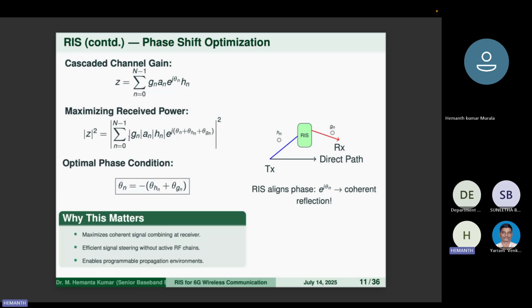From the equation, the phase is at maximum, then we can write N square. Tell me, this is the SNR. How much does it increase? The N square term increases. Agree or not? Previously without RIS, what was the SNR? P by sigma square. With IRS included, it goes up by N square times. The same thing I will show you in MATLAB. Clear? So how the enhancement happens, I will show you in MATLAB.